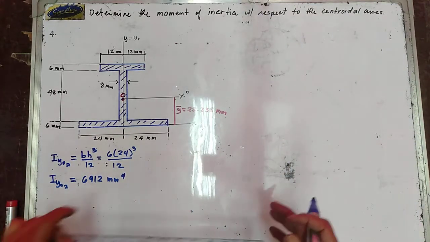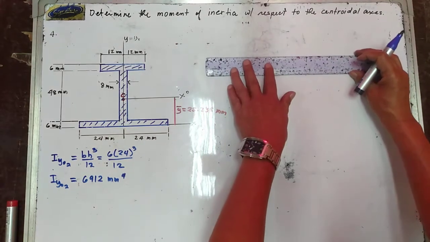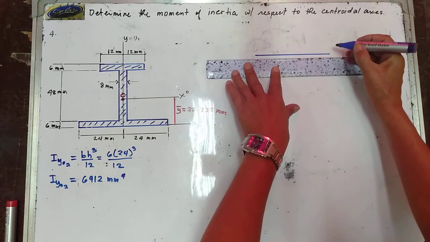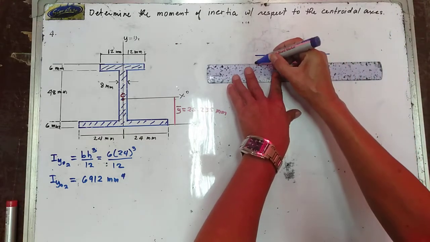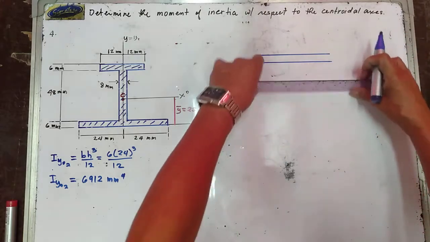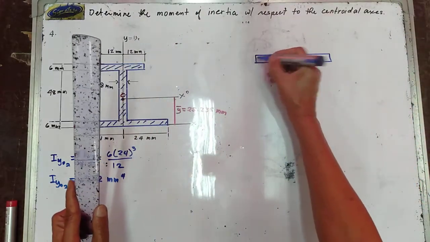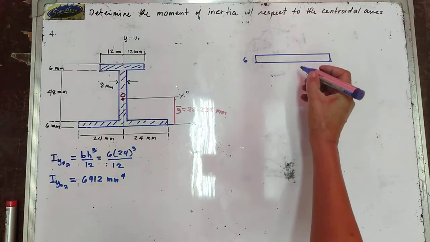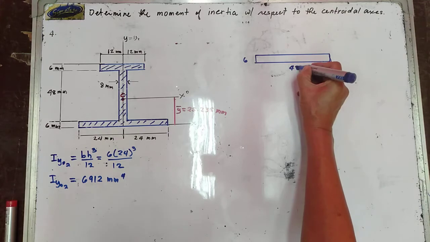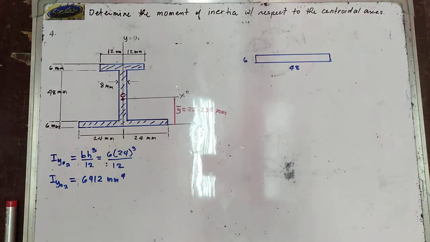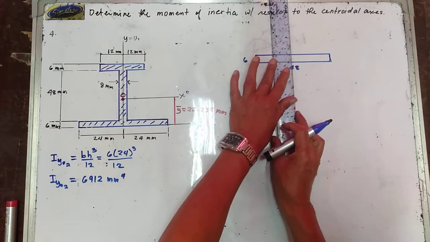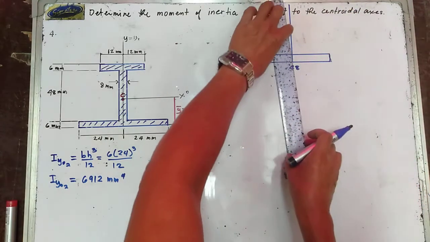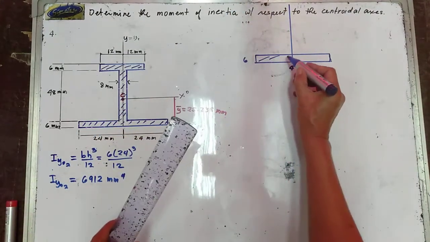So we now have the last area, which is this area. We have 6 millimeter, and this one is 48 millimeter. So the y sub o is somewhere else at this point. So this is the third area.